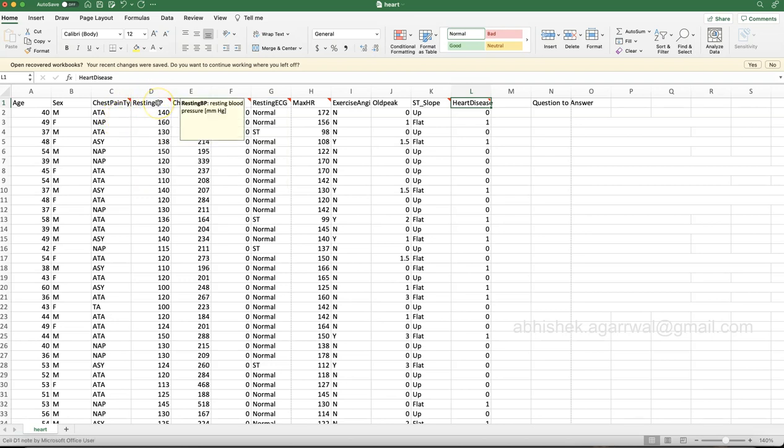Then you have resting BP, which is resting blood pressure measured in mmHg. Then you have cholesterol measured in mm/dL, very common today, having high cholesterol, even I have it. Fasting BS is fasting blood sugar: 1 if fasting BS is greater than 120 mg/dL, 0 otherwise.